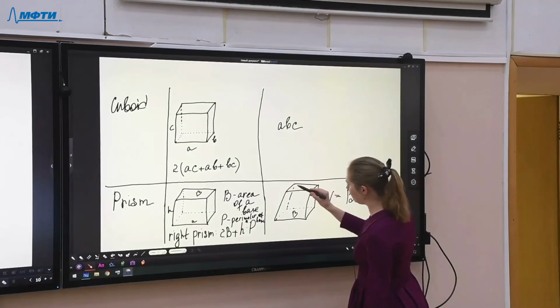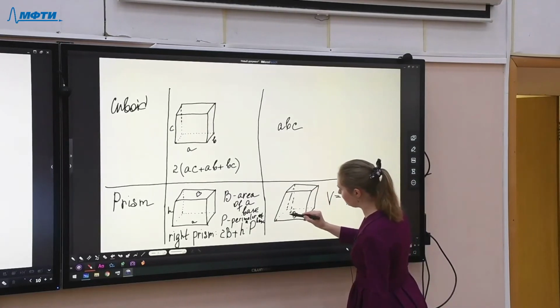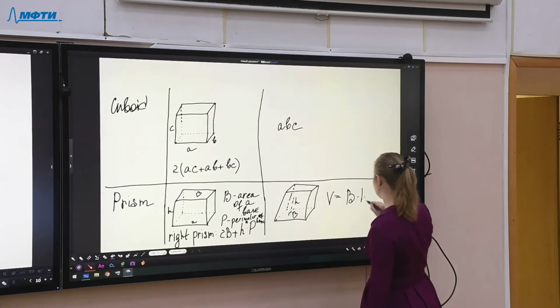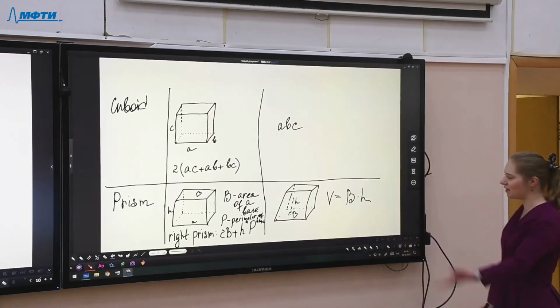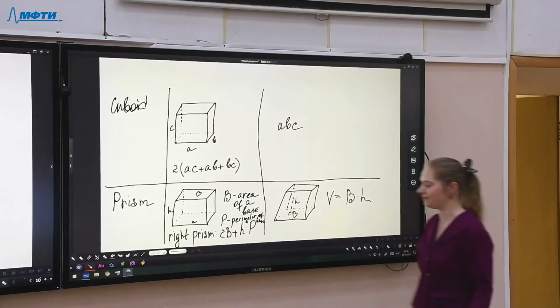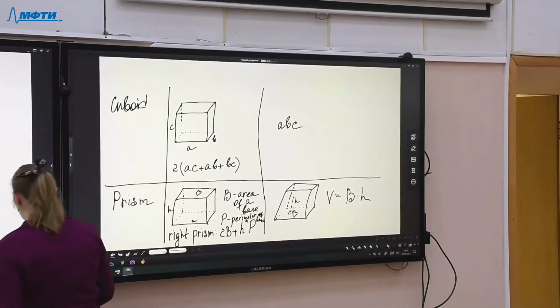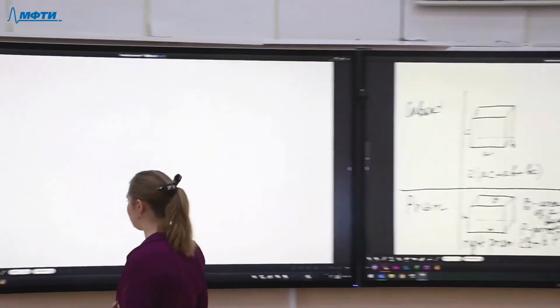So we need to drop an altitude here and just find the product of these two things. That's it. Well, the next object is a pyramid.